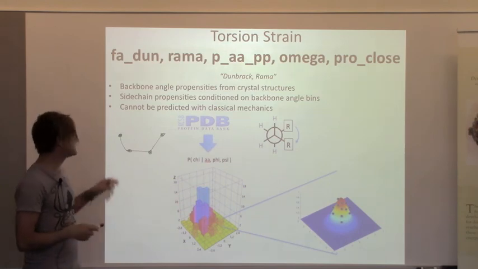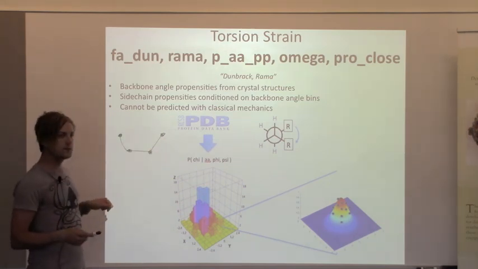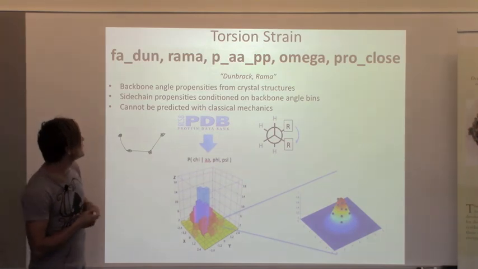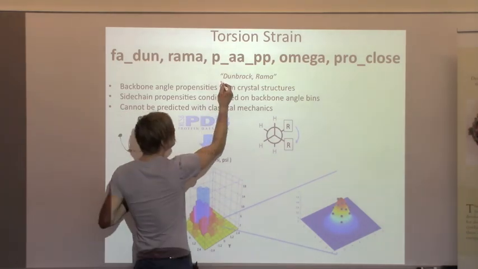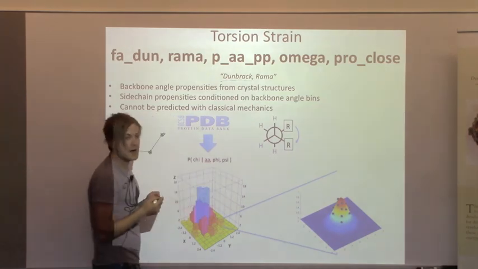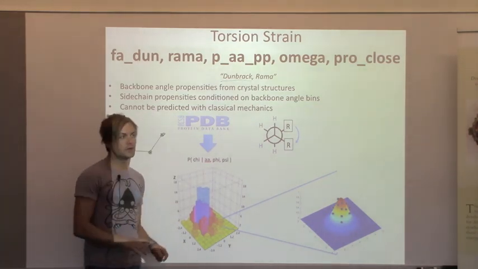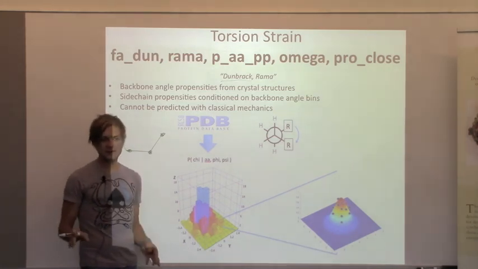In the side chain atoms, sometimes it's more than 1,4 interactions. These are known as, so Dunbrack comes from the Dunbrack rotamer library, which is just going into the PDB, looking at all the rotamer shapes for each amino acid type.